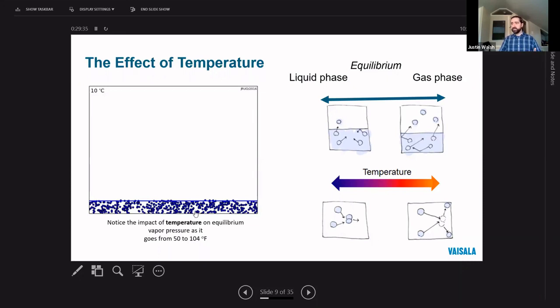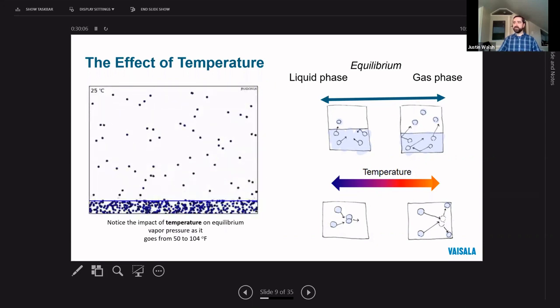So temperature has an impact on both evaporation and condensation, which means the saturation vapor pressure is subject to temperature. And in fact, this relationship is exponential. So let's look at this video that illustrates our example of liquid water that appears in a closed container. In this video, the temperature increases, and you can see how the equilibrium moves from liquid phase towards the gas phase, increasing the number of gas molecules, increasing the saturation vapor pressure.